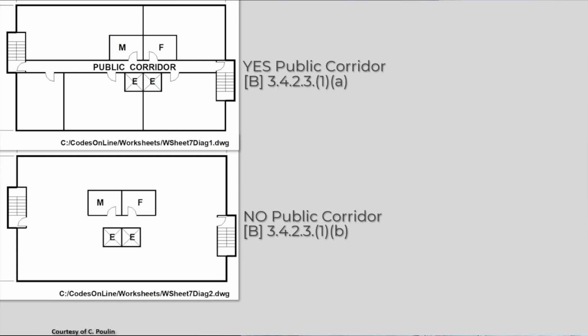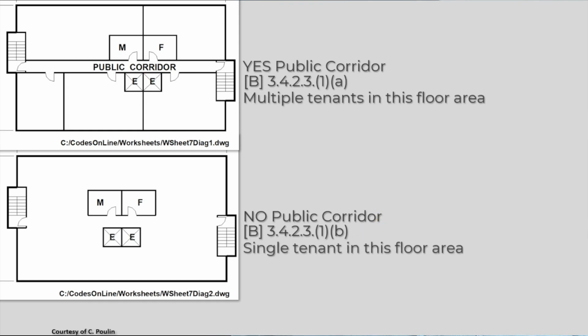What that means is that the floor area that has a public corridor is governed by clause 3.4.2.3(1)(a), whereas the floor area that does not have a public corridor is governed by clause 3.4.2.3(1)(b). And what these clauses typically relate to is, in the top floor area, to spaces that have more than one tenant.